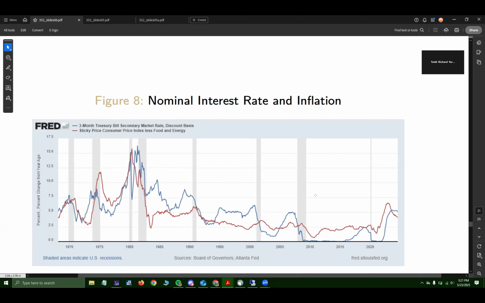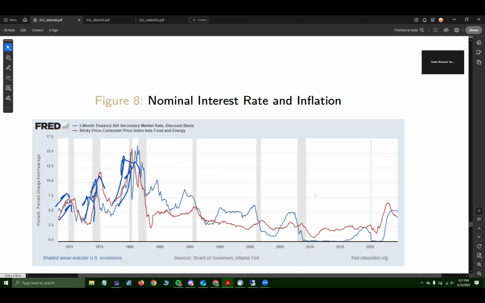What you'll notice, of course, is that typically when inflation is up, there is a response with higher interest rates. So inflation starts to kick up, and then we have higher interest rates, right? So the Fed is responding to all of this inflationary pressure with higher interest rates.